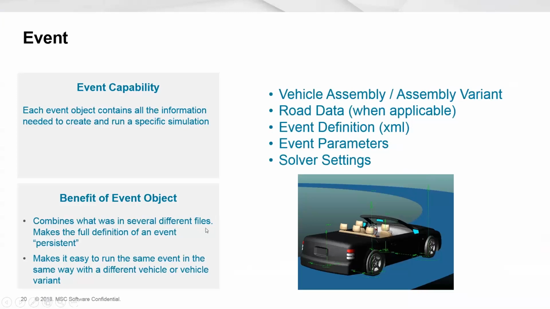So this expanded event definition essentially combines what were previously several different files and makes a full definition of the event that is persistent. It further makes it very easy to run the same event in exactly the same way with a different vehicle or a different vehicle variant.